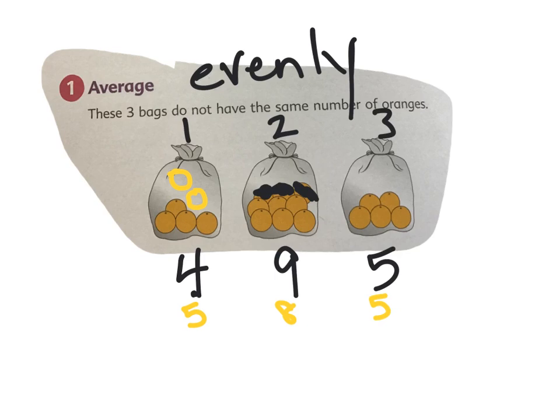And let's take out an orange and add it to this one. Now let's see where they are. Now I have 6, 6, 6. Now they are evenly distributed. So I just moved some around to make sure that they are averaged.